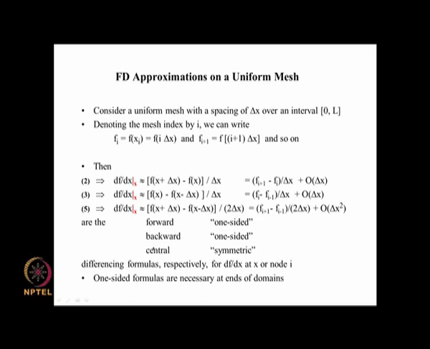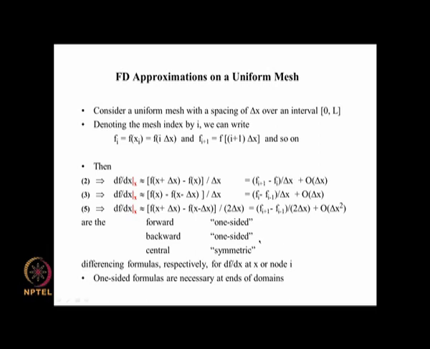So these are known as central differencing formulas. Usually central differencing formulas are more accurate than one-sided differencing formulas, but we need both. Okay, central because they are more accurate, and forward and backward are required at the edges of the computational domain.